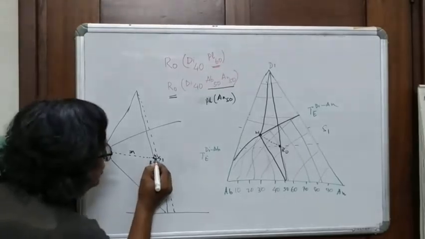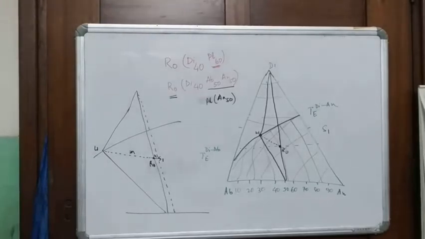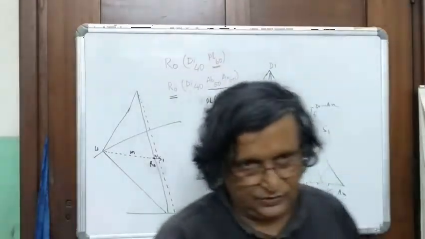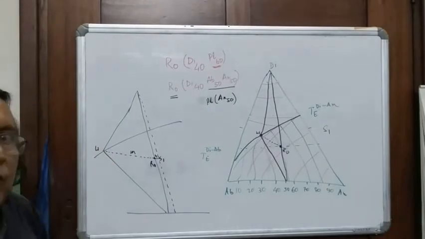And your S1 should be as close as possible to this diagram. Have you understood? That will be your S1, or the residual solid with which L1 is in equilibrium.